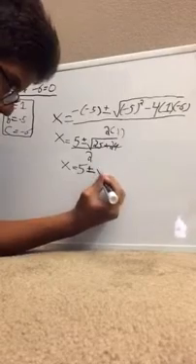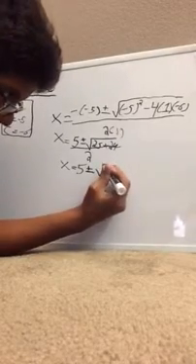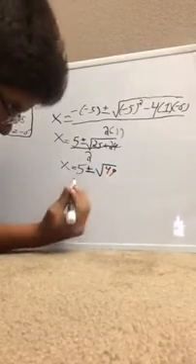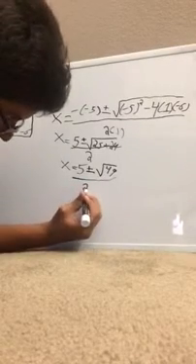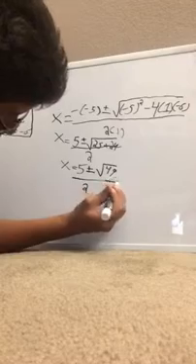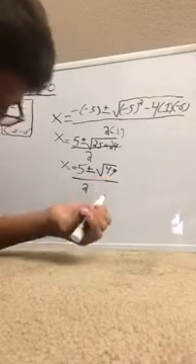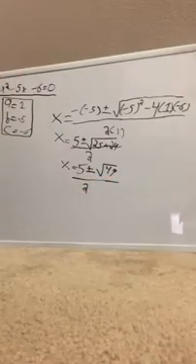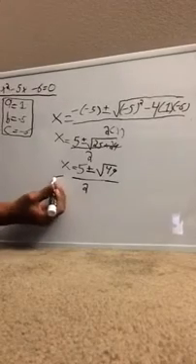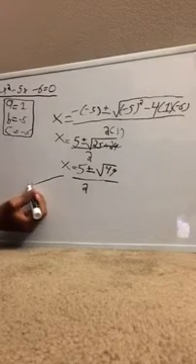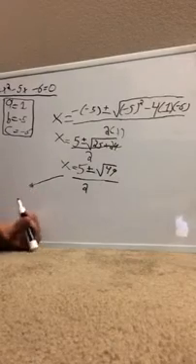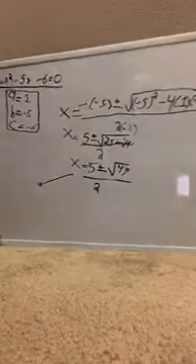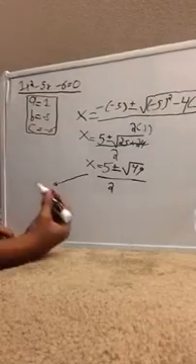And then square root of 25 plus 24 is 49 over 2. Now we can start actually getting our answers. This has 2 answers. Now let's get into the answers.